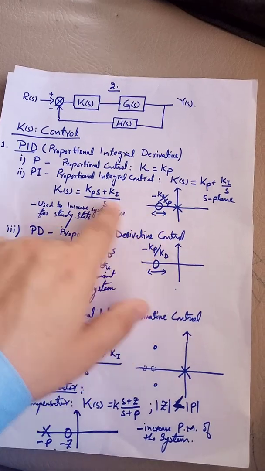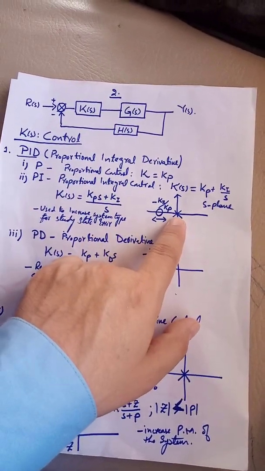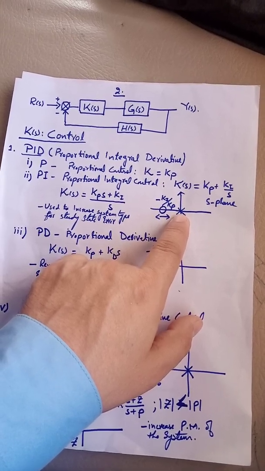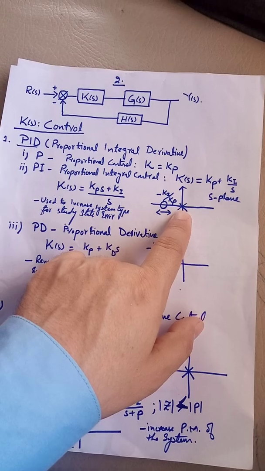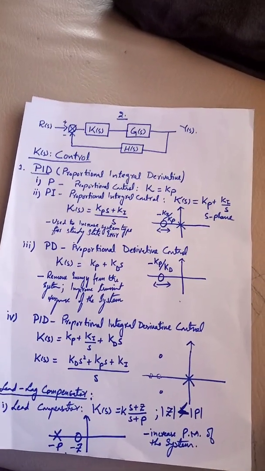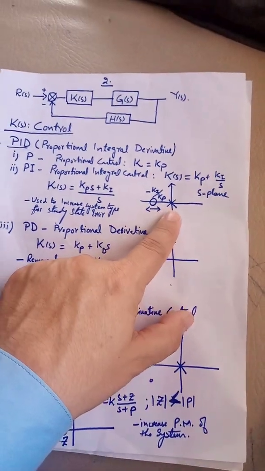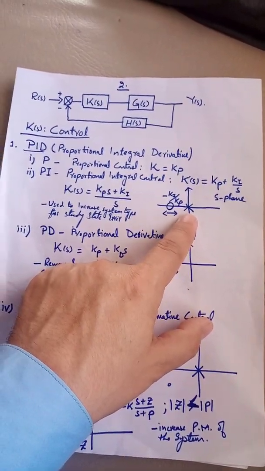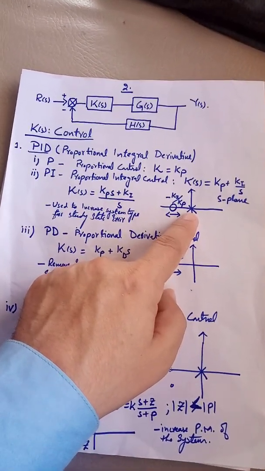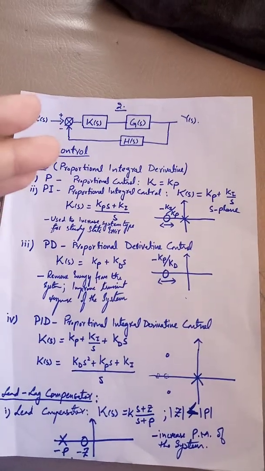So if you look here for this PI control, what PI control does actually is introduce a pole at the origin. So this PI control is normally used to increase the type of the system. If you remember the type of the system we studied in chapter number 7, we said that type of the system is the number of poles at the origin. So this PI controller actually introduces a pole at the origin. So this means that it will increase the type of system.